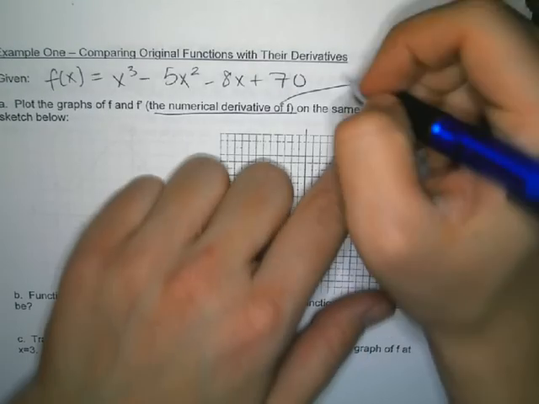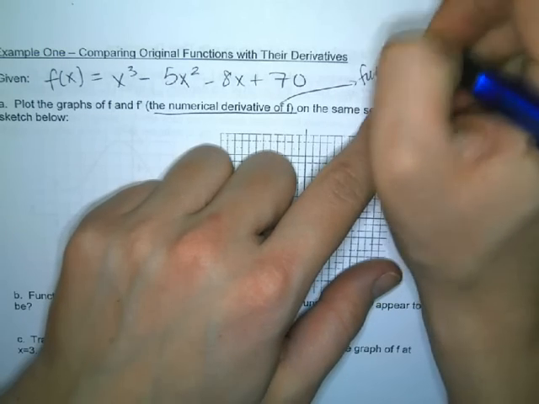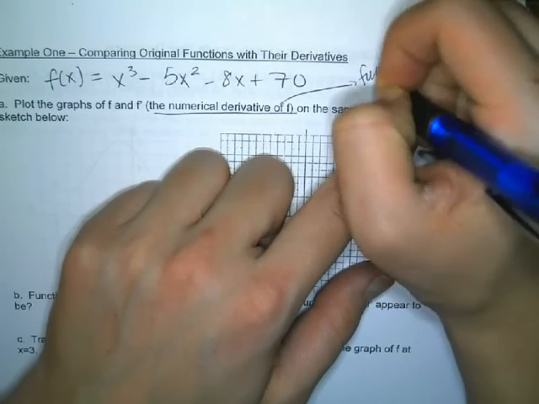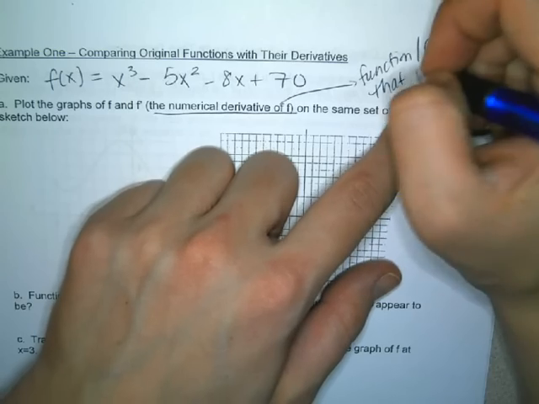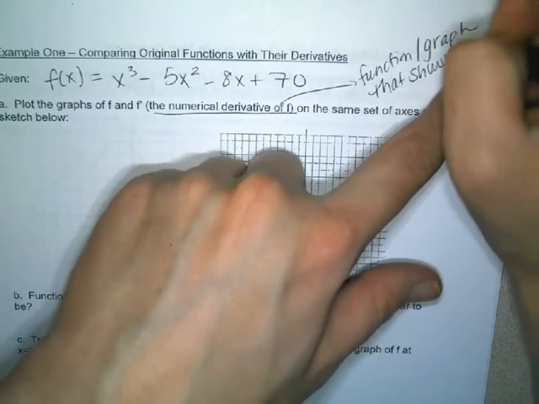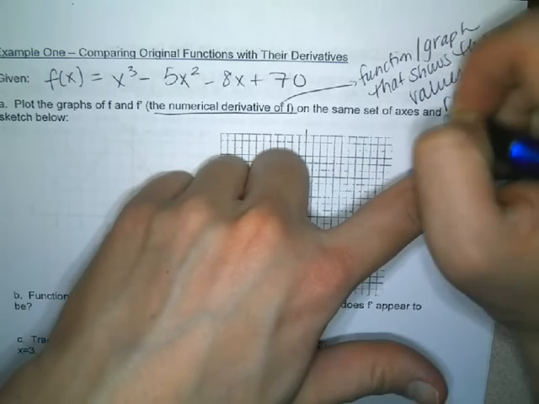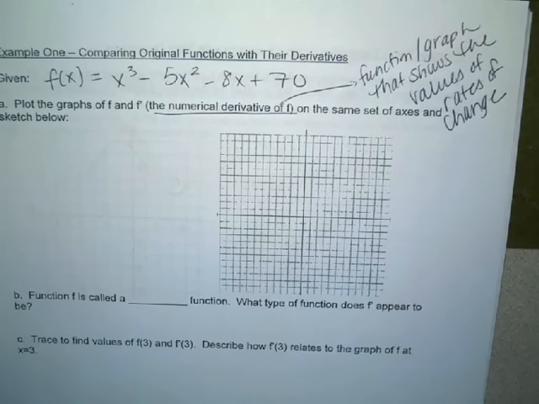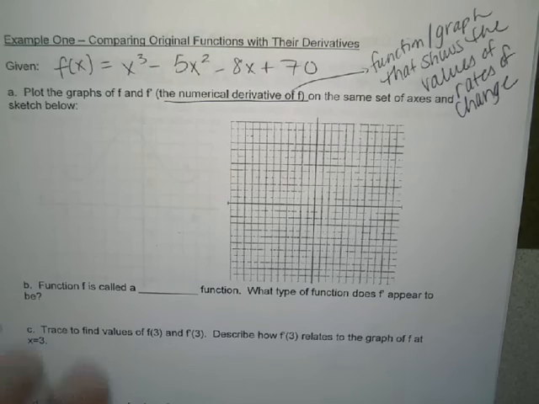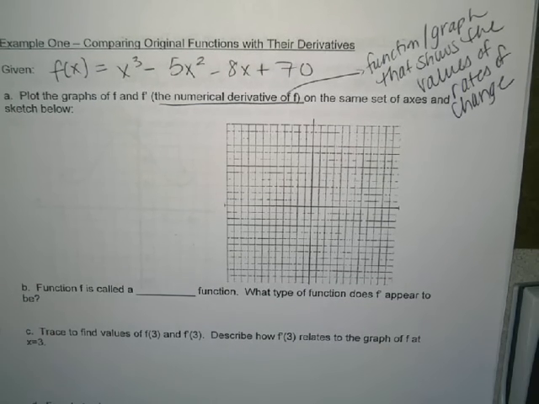It's a function, or in this case a graph, that shows the values of the rates of change. So all the y values actually represent velocities, or speeds, or rates of change. When we pick a point off the derivative graph, that y value represents the speed at that x value.